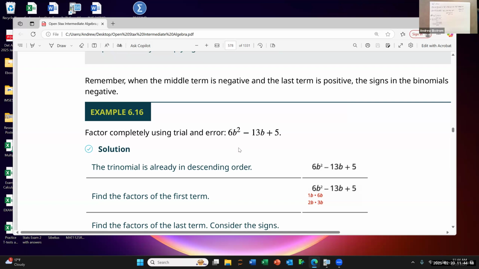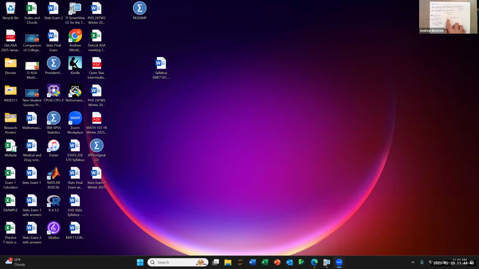So let's say that instead of the equation we have here, we had 6b squared minus 12b plus 24. Okay. So instead of the equation that's on there, let's say this was the equation that we had.